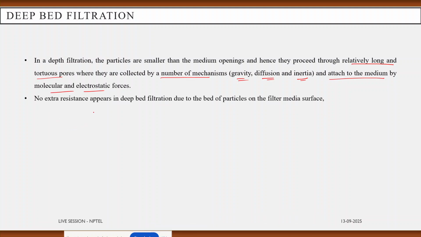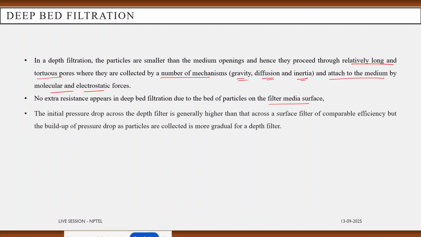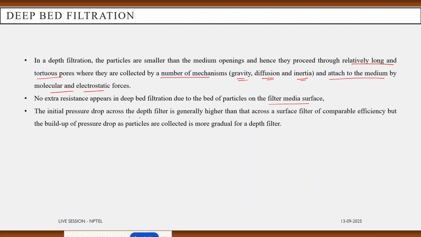So there is no extra resistance that appears in deep bed filtration due to a bed of particles on the filter media surface. The initial pressure drop across the depth filter is generally much higher than across a surface filter of comparable efficiency.